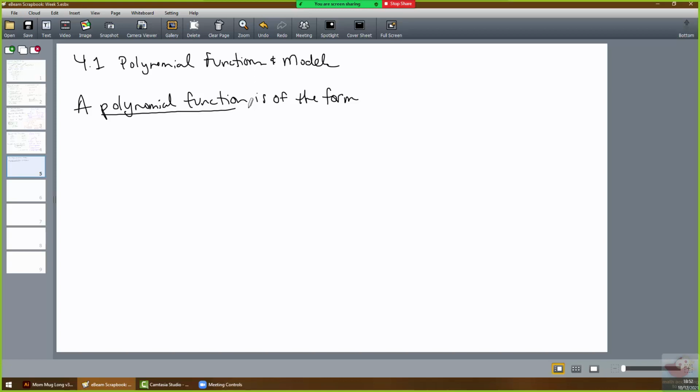You ready? All right. f of x is equal to a sub n x to the n, plus a sub n minus 1 x to the n minus 1, plus a sub n minus 2 x to the n minus 2, plus dot dot dot, plus a sub 1 x plus a naught, also known as a sub 0.